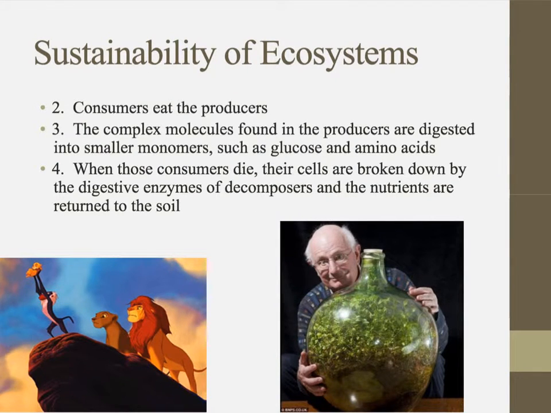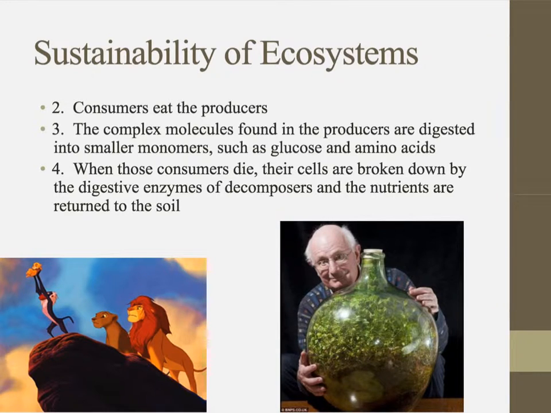After the producers produce the organic molecules, the consumers are going to eat the producers. So I see plants in here producing things. I'm sure there are snails, insects, whatever in here eating the producers. The complex molecules found in the producers are digested into smaller monomers, such as glucose and amino acids.